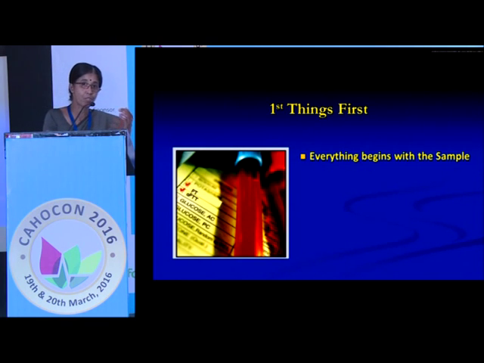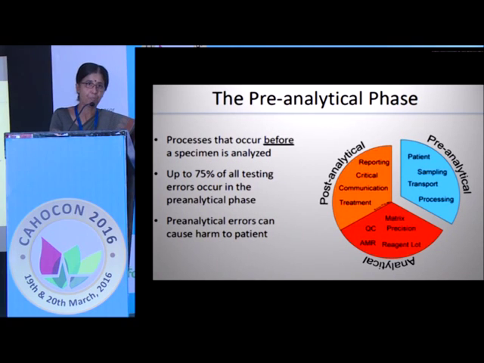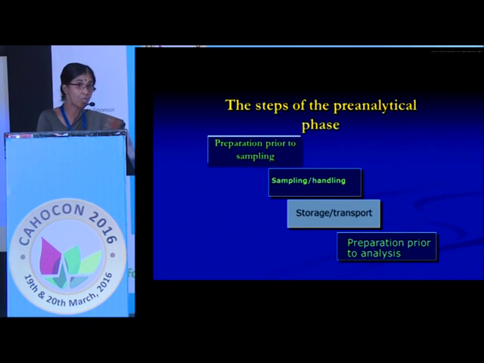I would like to start with the sample first, because that's where we start in terms of testing and reporting. We all know very well that in today's world, most of the errors are pre-analytical. 60 to 70% of them have been reported to be pre-analytical, so there is a lot of emphasis on this. In this process, there are several steps.